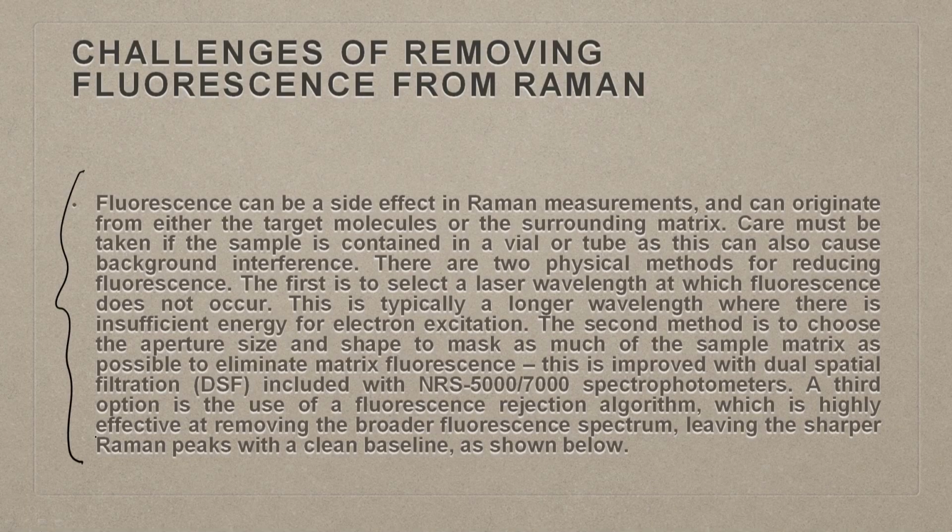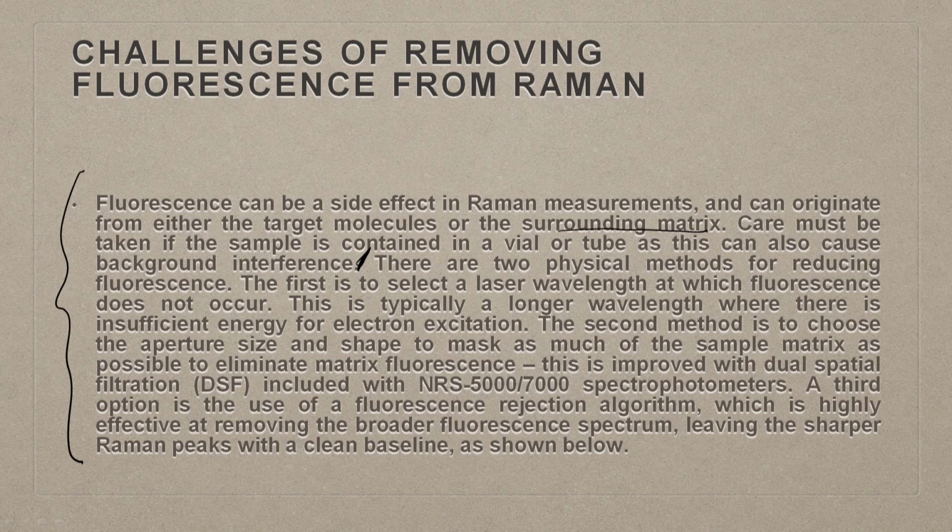So let's explore. Fluorescence can be a side effect in Raman measurement and can originate either from the target molecule or from the surrounding matrix. Care must be taken if the sample is contained in a vial or tube, as this can also cause background interference. So be very careful with these things.